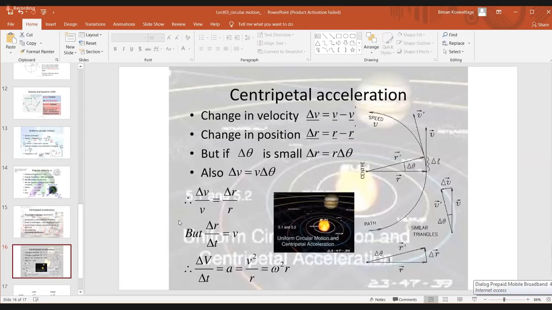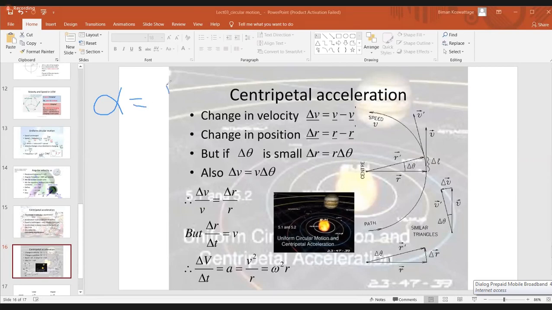And because of that tangential acceleration, we have one parameter, the so-called angular acceleration. We normally denote angular acceleration as alpha.